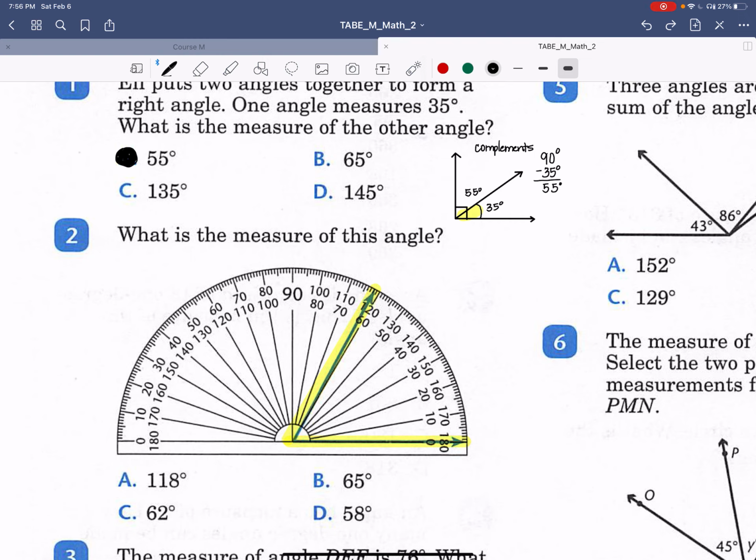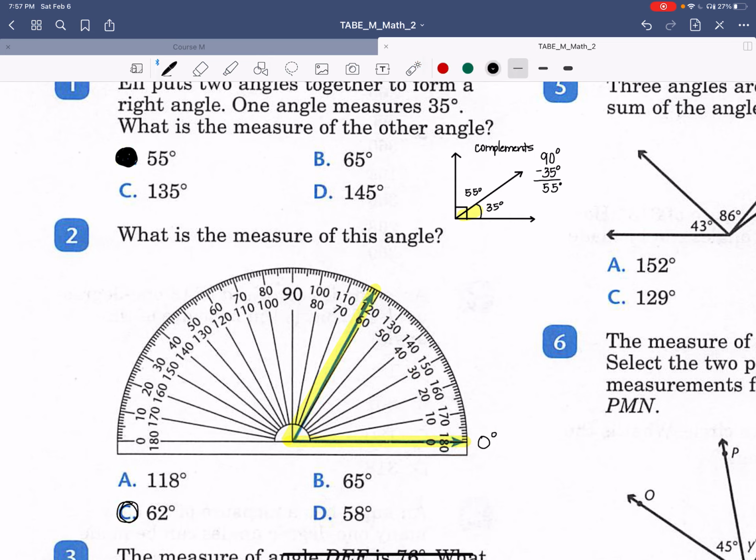So if you line up your one ray with 0 degrees, sorry, got the wrong pen, and then the other ray is about, okay, let me first of all figure out which scale you're looking at, because this is 0 degrees over here. We're using the bottom scale. So there's 0. Follow that up. It's a little bit past 60, but it's not all the way to 65. So I'm going to say 62 degrees.